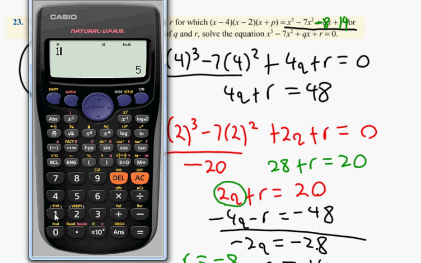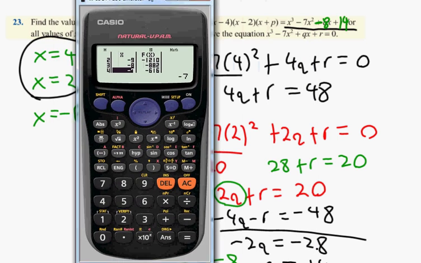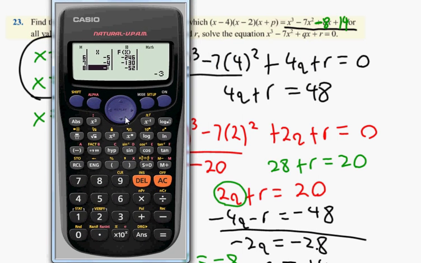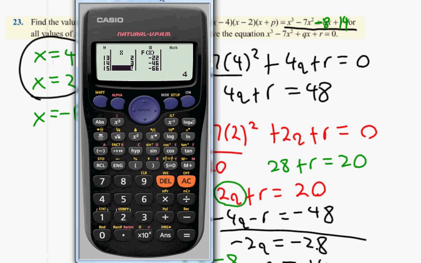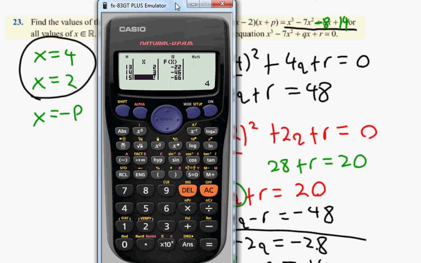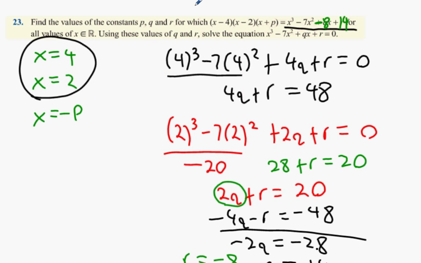64 minus 7 times 16, minus 48, bring 48 over, so plus 48. 2 cubed is 8. Minus 7 squared is minus 28, that's a minus 20. Bring 20 over the other side.